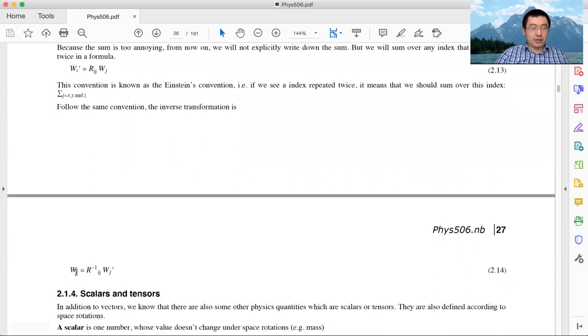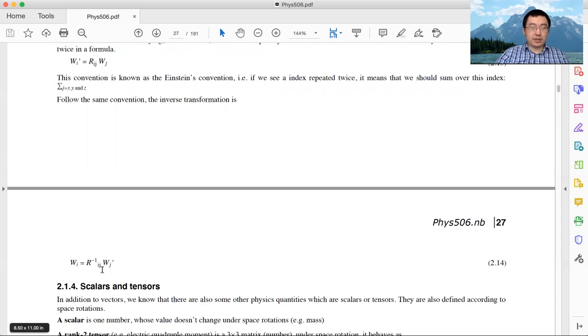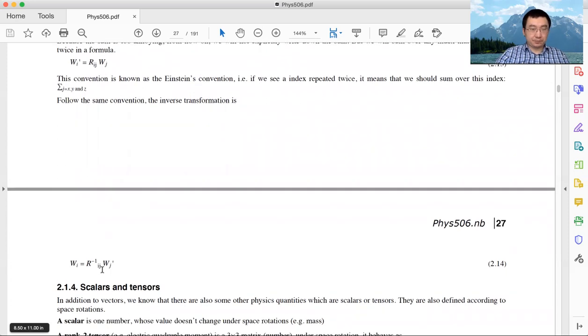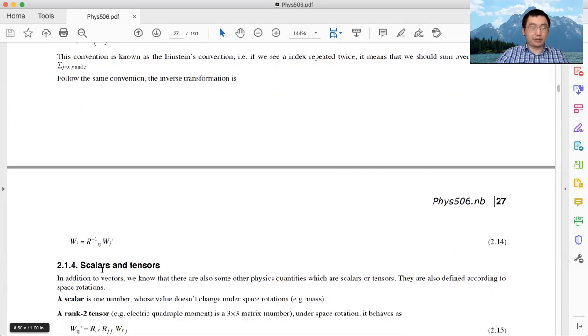And the inverse transformation can also be written in the same structure. We just use the R inverse matrix, where (R inverse)_ij is the i, j component of the R inverse matrix, and we do the same. So this is Einstein's convention to write down this matrix product.